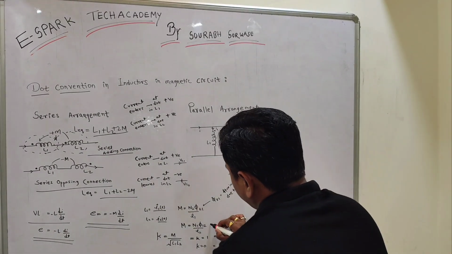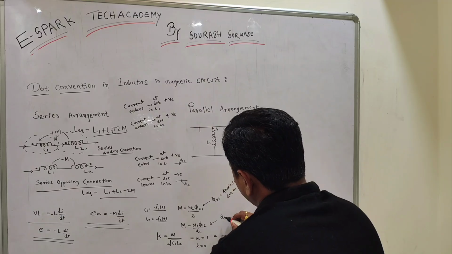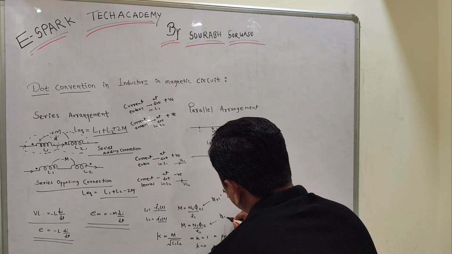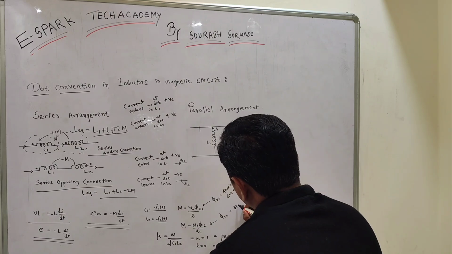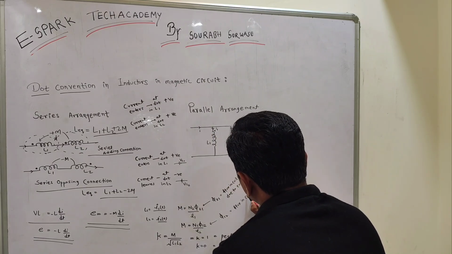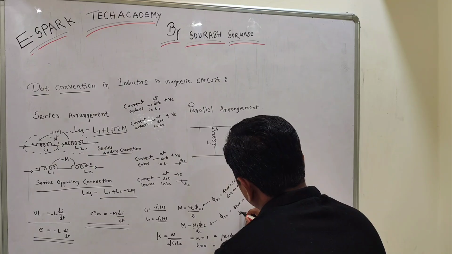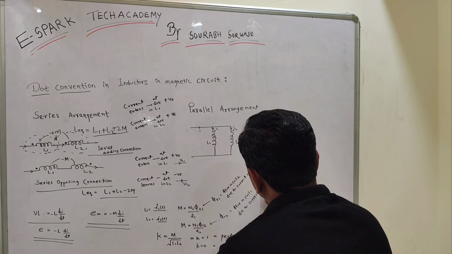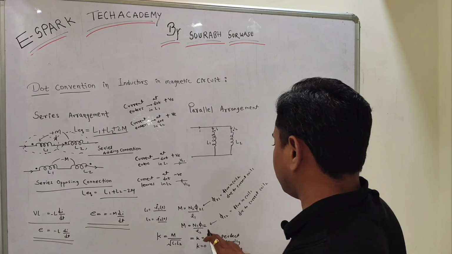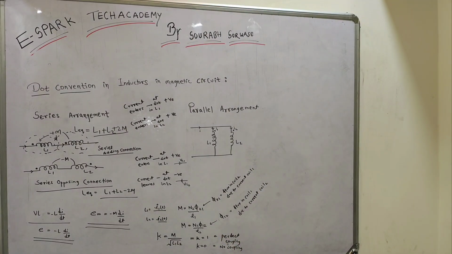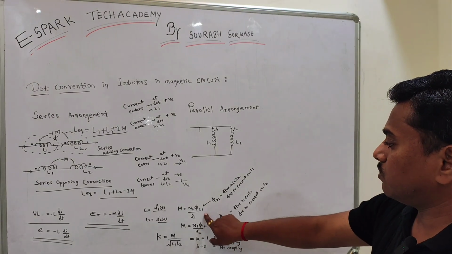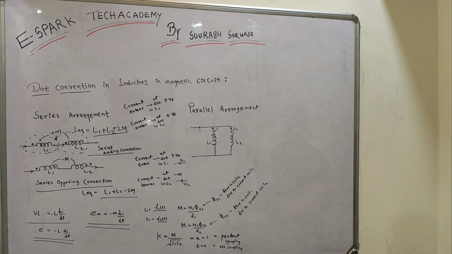And in the same way, Phi12 is equal to the flux in coil 1 due to current in coil 2. I have corrected these expressions because by mistake they were missing from me. That's why I have noted it down.